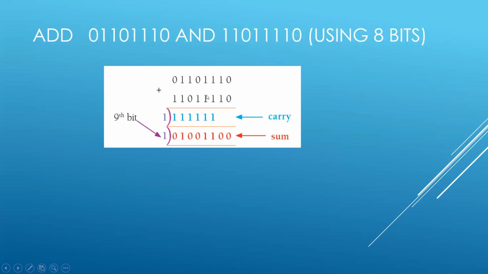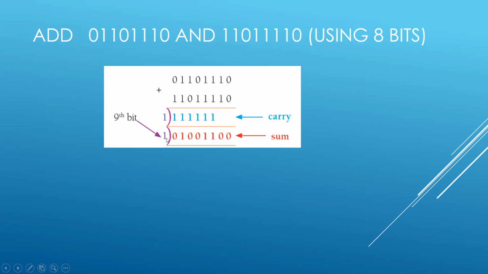Then we have 1 plus 1 plus 1, which will be 1 with a carry of 1. Then 1 plus 1 plus 0 will be 0 with a carry of 1. And then we have 1 plus 0 plus 1, which is going to be 0 with a carry of 1. And then we have 1, 1, 1, 3 ones, 1 with a carry of 1. And then we have 1, 1, 0, which will be 0 with a carry of 1.